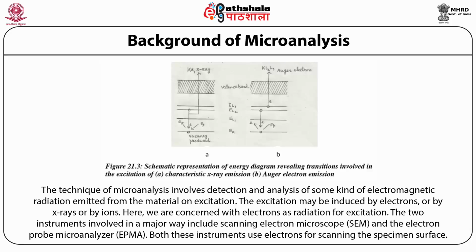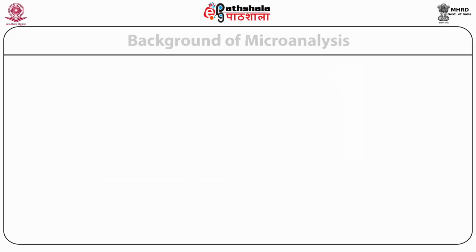The two instruments involved in a major way include scanning electron microscope known as SEM and the electron probe microanalyzer abbreviated as EPMA. Both these instruments use electrons for scanning the specimen surface.